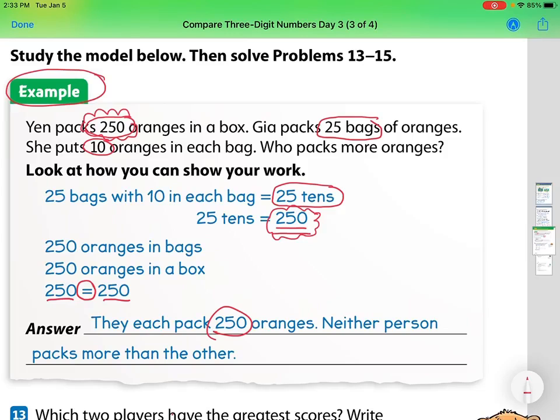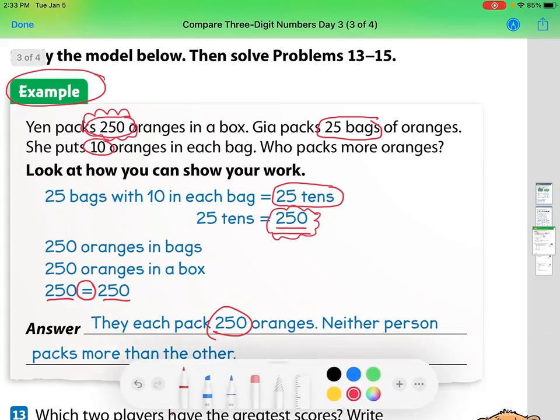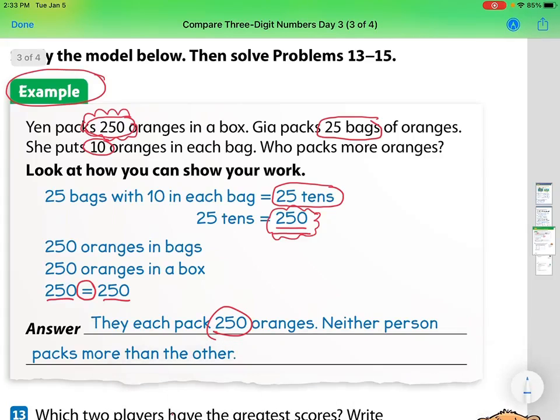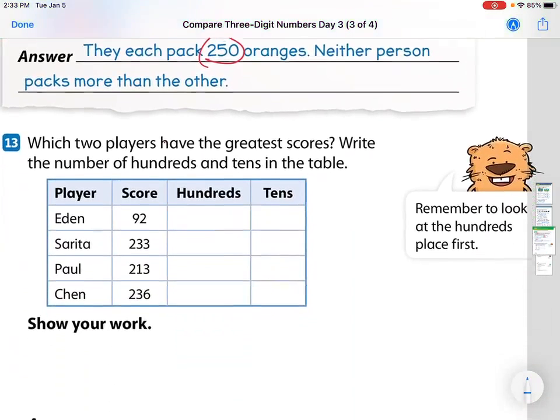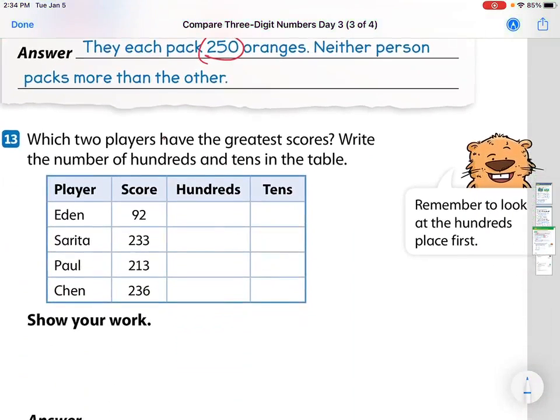All right? So that's one way that you can solve the problem. They knew that they were going to have to do a little more work on figuring out how many Gia packed because of the way it talked about hers. All right, so it's kind of a 2-step problem almost, all right? Okay, let's move on and see what we can do with our problem.